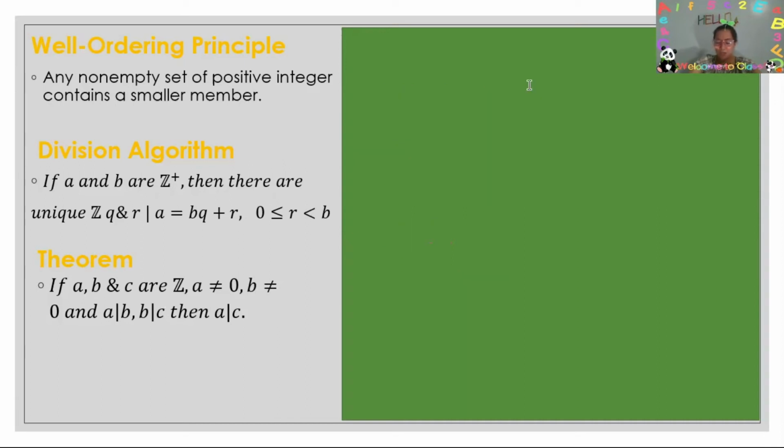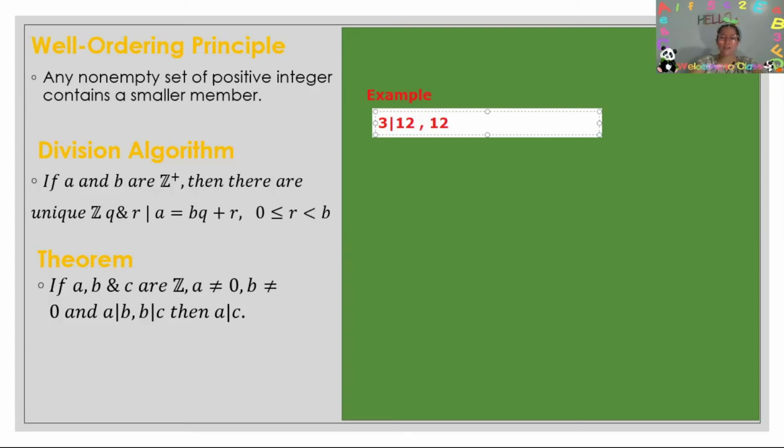Let's show it by example. We have 3 divides 12 and 12 divides 24.